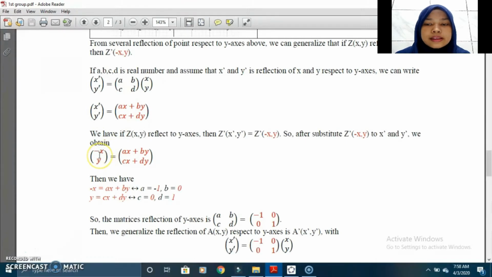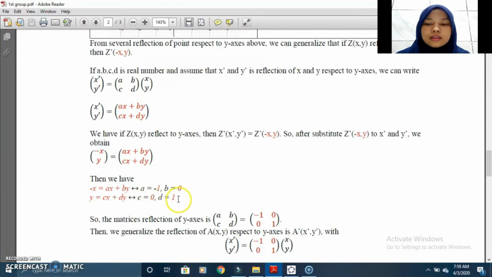Then this matrix can be written in two different forms. The first form is minus x equals ax plus by. The second is y equals cx plus dy. From the first, we have a is minus 1, b is 0, and from the second, c is 0 and d is 1.